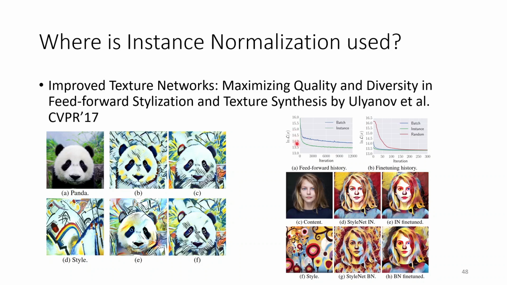From here, you can see they report that using instance normalization can improve the optimization process for texture transfer better than the one using batch normalization. So that's the paper that uses instance normalization to improve their optimization process.